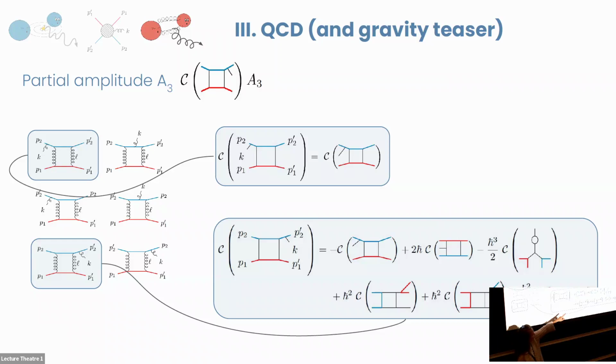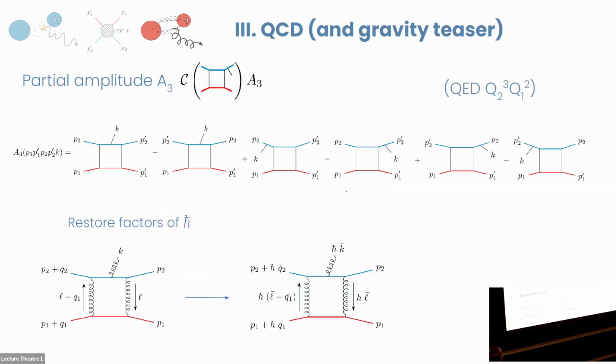So for the color factor of this one, you see that this would be the leading contribution, and all the others get these extra powers of H bars, so they're suppressed in the classical expression. All right, so this is just a quick technical detail.